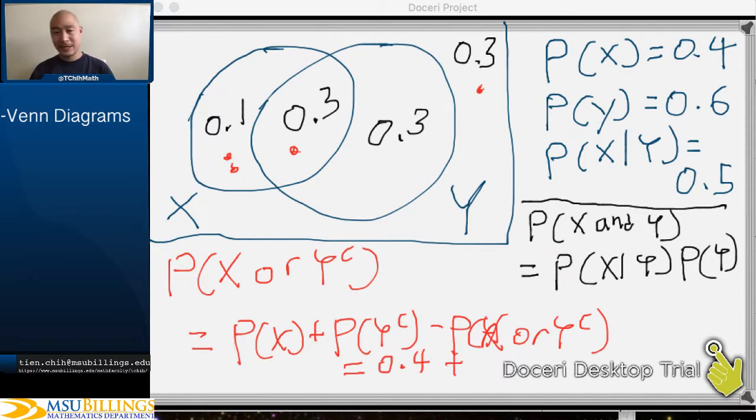Plus P of Y complement, what's Y complement's probability? Well, probability of Y is 0.6, so Y's complement has to have probability 0.4. And then, oh, I mean, maybe instead of all that, I'll write it above.